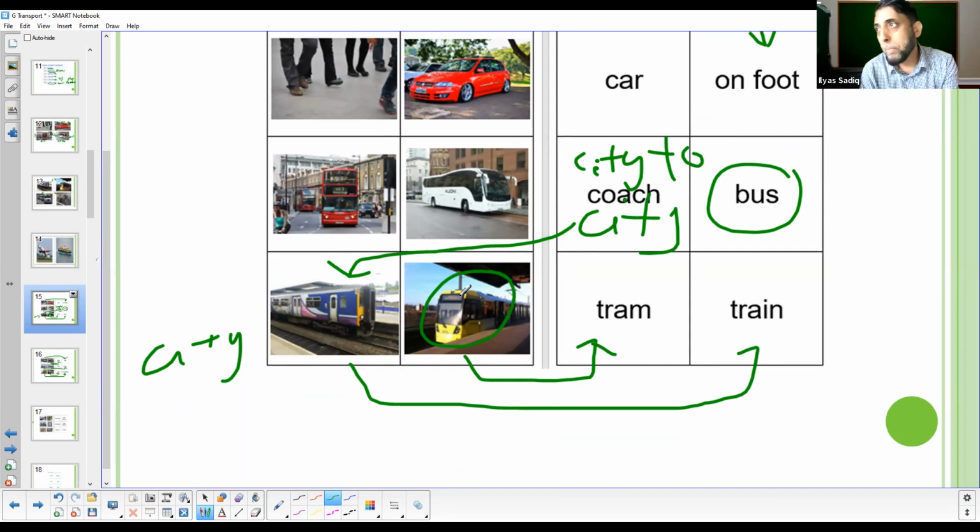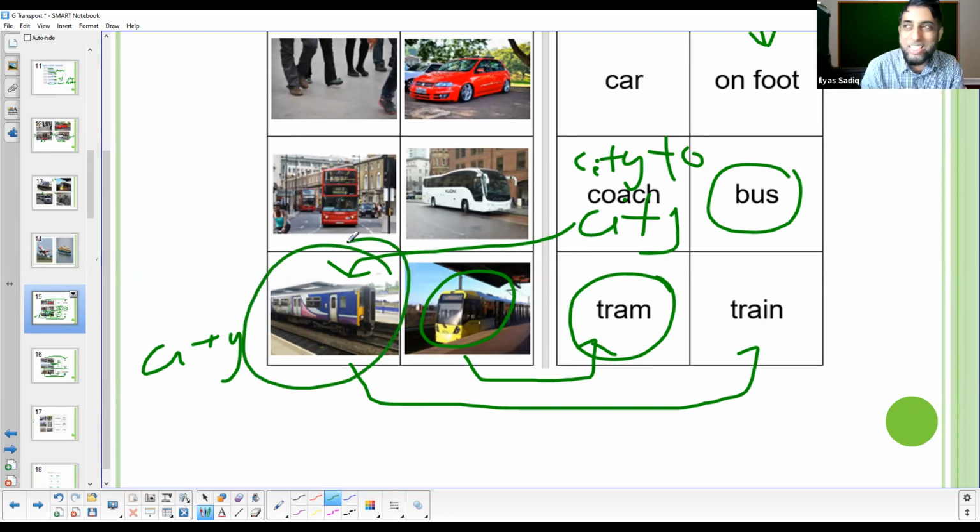Then they go, one is called intercity transportation. The second is intercountry transportation. Okay, so a tram is just in the city. For example, trams in Manchester don't go to London, right? There is no train in Manchester city.